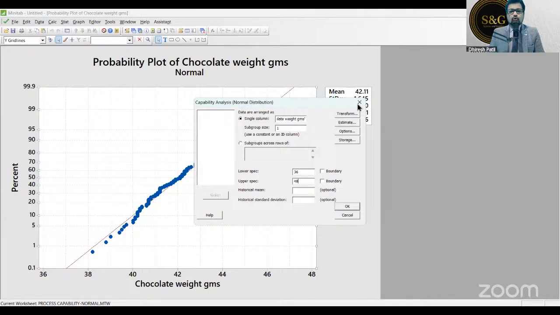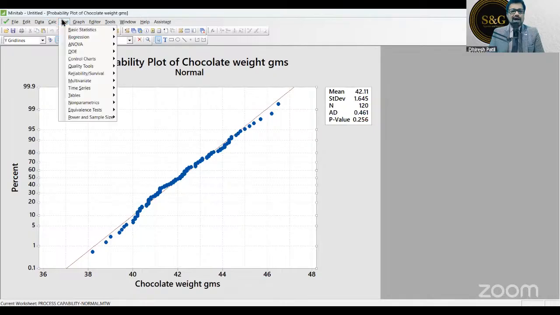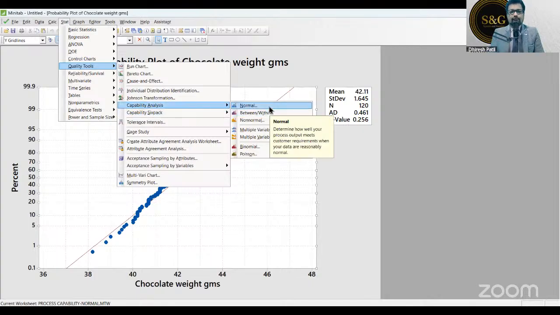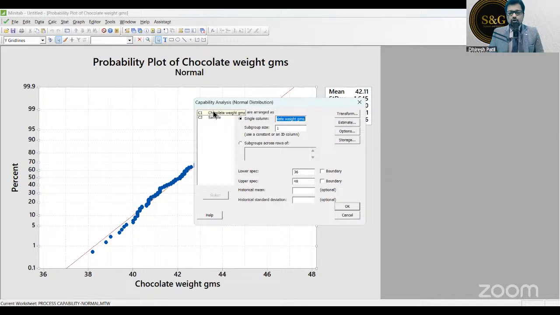Follow this: click on Normal, click on chocolate weight in the single column, select 1 for subgroup size, meaning we are individually taking the samples. Lower specification is 36 grams as we have seen, upper specification is 48 grams, and just click on OK.